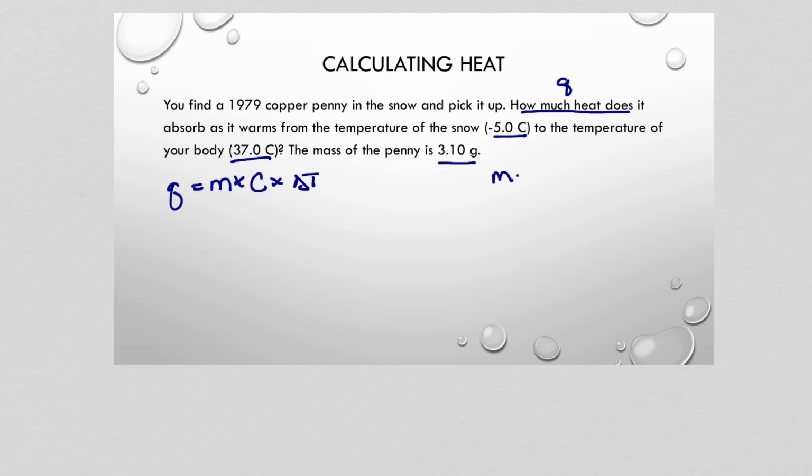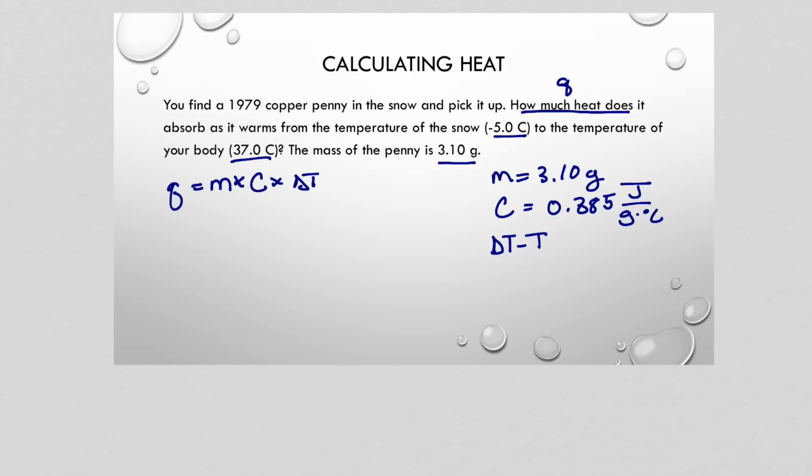We know that m equals 3.10 grams. Our specific heat, if we look in our table, we look up copper, we have 0.385 joules per gram degrees Celsius.